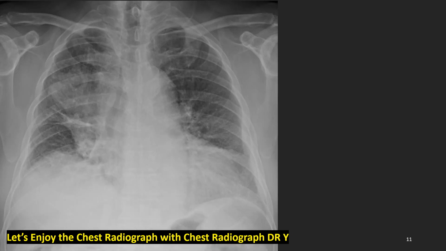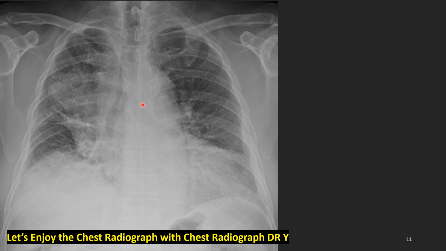Let's look at the third case of large cell lung cancer. Actually, this is large cell neuroendocrine carcinoma. These findings are the usual manifestation of large cell lung cancer.